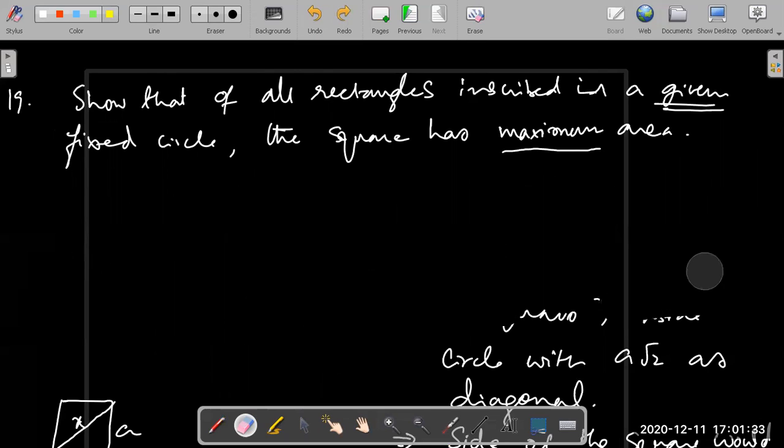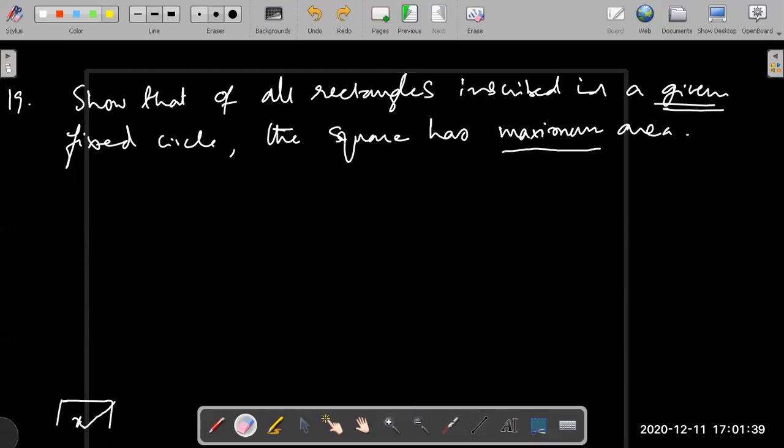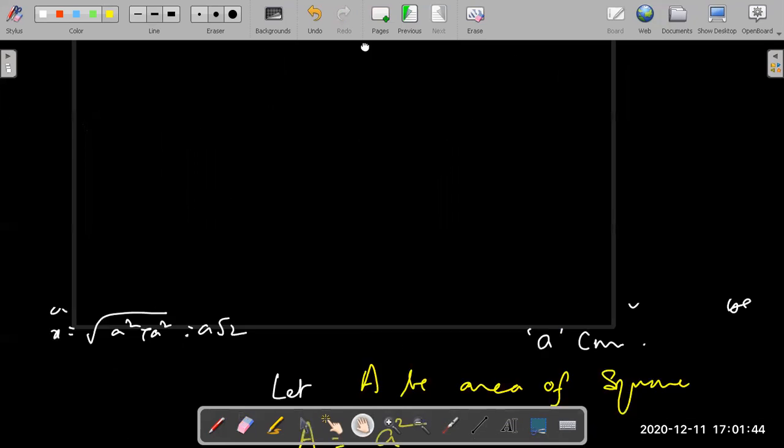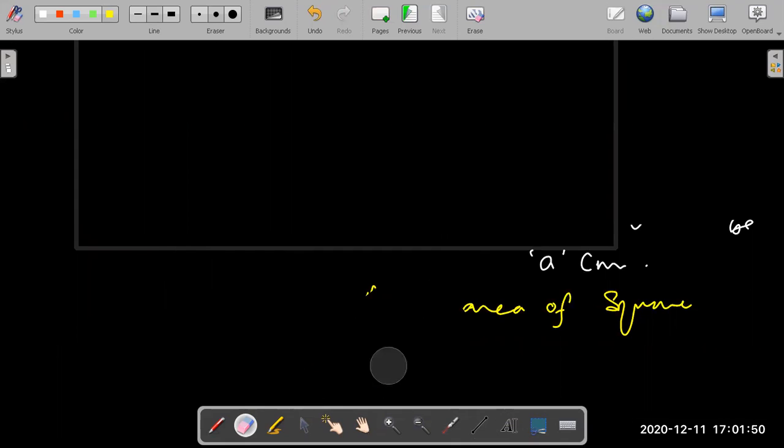We have to take this rectangle, and from the rectangle, finally we should say both sides must be equal to each other, and that's how you get a square. That's what you should be proving. So how you model is important, how you assume it to be is important.